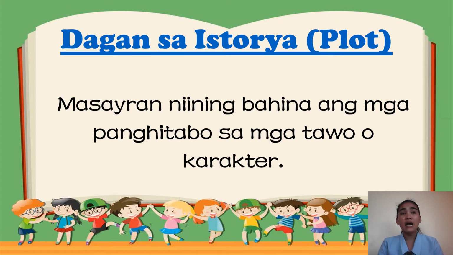The events happened in a specific order. All stories have a beginning, a middle, and an end. Plot is also called what happened in the story. So, the plot, class, will tell you what happened in a certain story. Mao na, that is the plot.